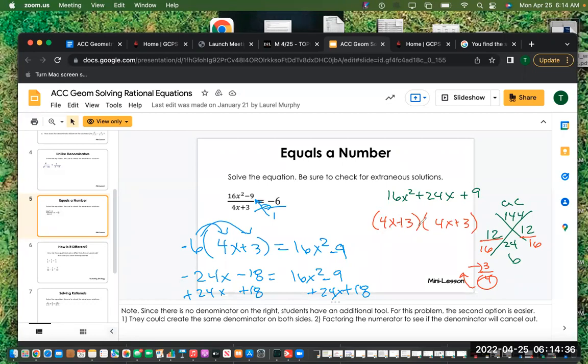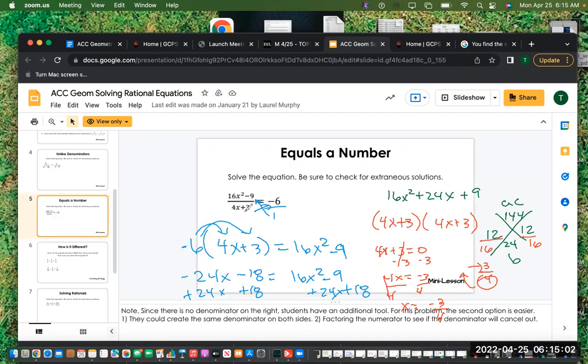All right. So if I solved this, I would take one of these and set it equal to 0, and then I would solve. So I would subtract 3 and then divide by 4. So x would equal -3/4. Now, if I took that and plugged it back in here, I would get 0, right?